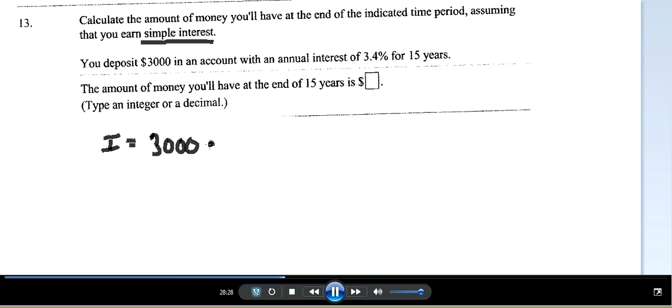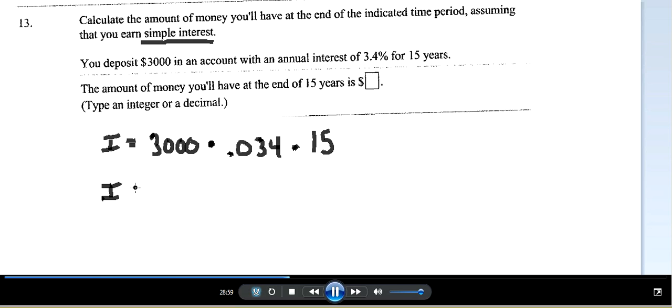So that's going to be times, let's see, I'm going to move this over 2 to give me 0.034, changing that percent to a decimal, or again, divide it by 100, for 15 years. This is my rate, this is my time, 15.